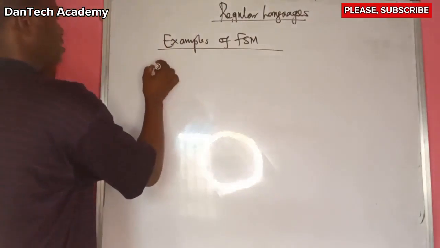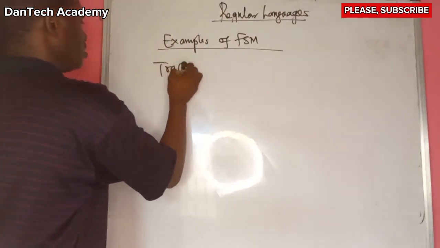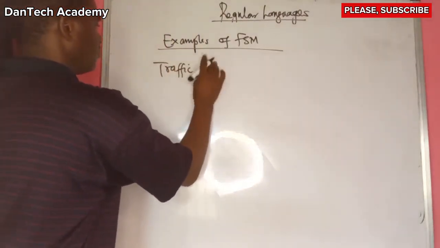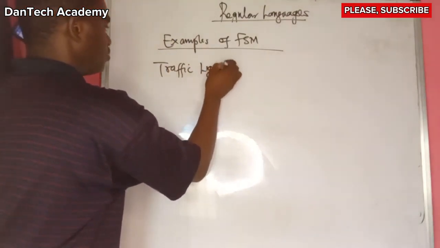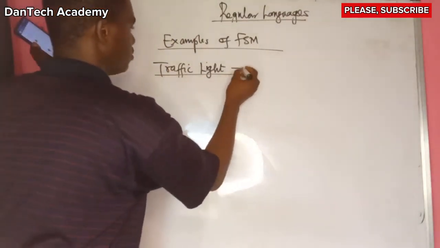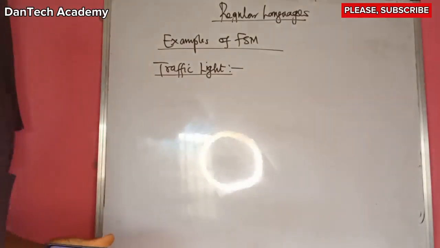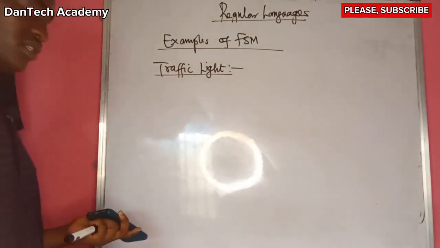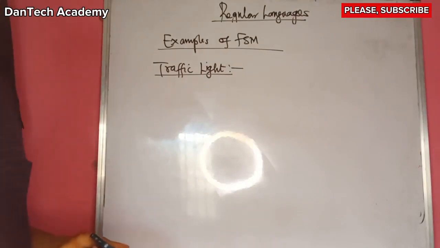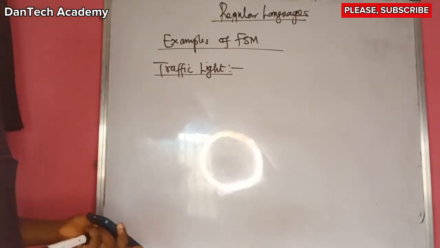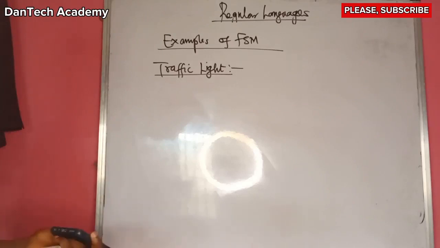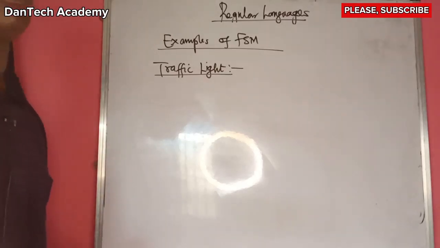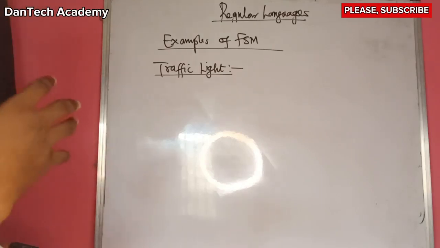Now I want to believe that if you're watching this video, you must have seen a traffic light before. And if you've not, probably pause this video and go and check out a traffic light. The reason you have to check first is you need to study how a traffic light works. Maybe just stay close to it and see how it works, and observe many things about it, because that will really help you have more understanding.